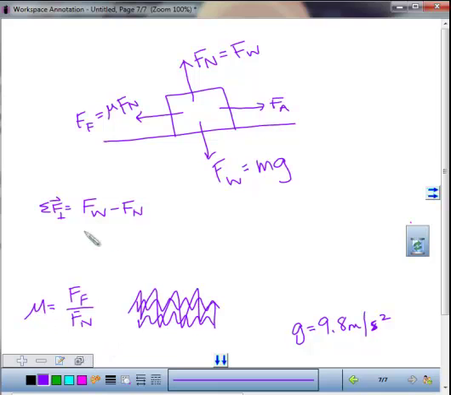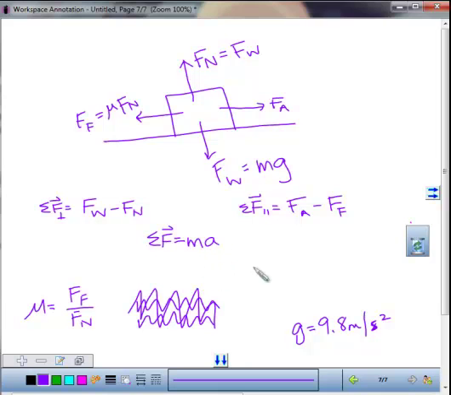So if we look for our sum of forces in the parallel direction, our sum of forces in the parallel are our force applied minus our frictional force. The sum of forces is always going to be equal to mass times acceleration.